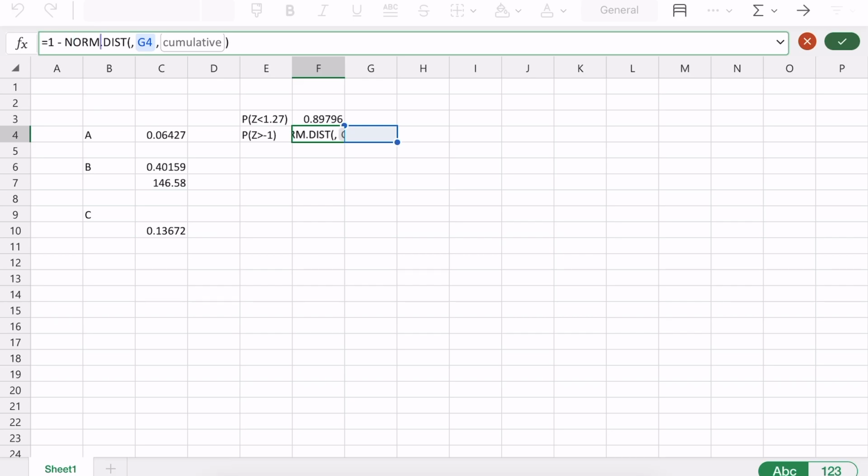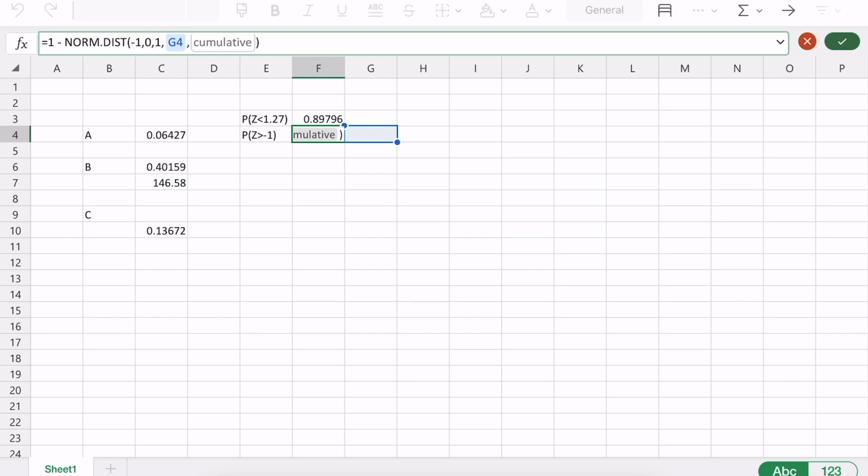Look up at the top of my formula bar. And then I'm going to do the normal distribution. So this is going to be -1 with a mean, and of course the mean is still 0, and the standard deviation is still 1.